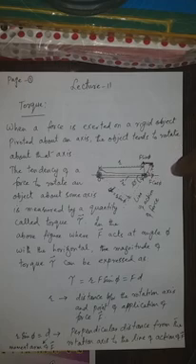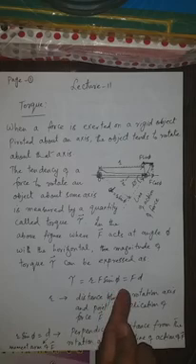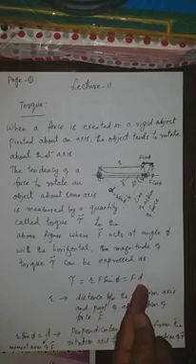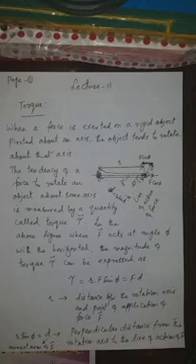This is also the perpendicular distance between the line of action of force and the axis of rotation of the bolt. So we replace r sine phi by d, and we have tau equal to f d.